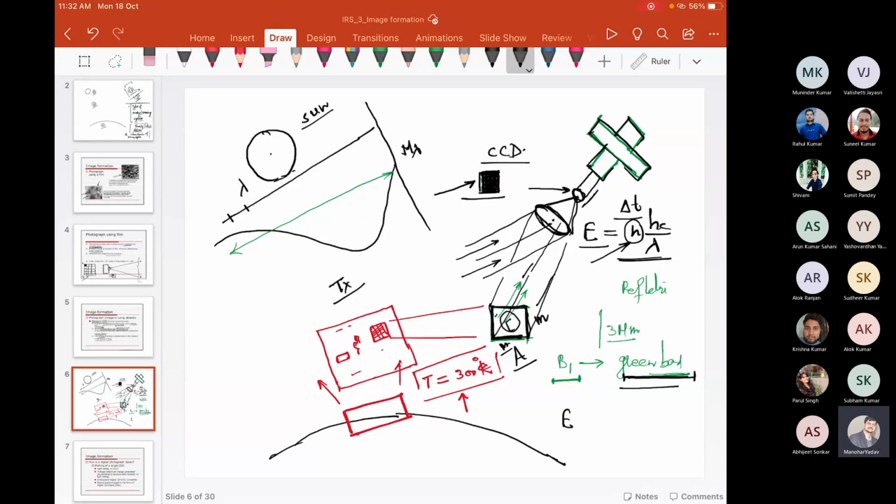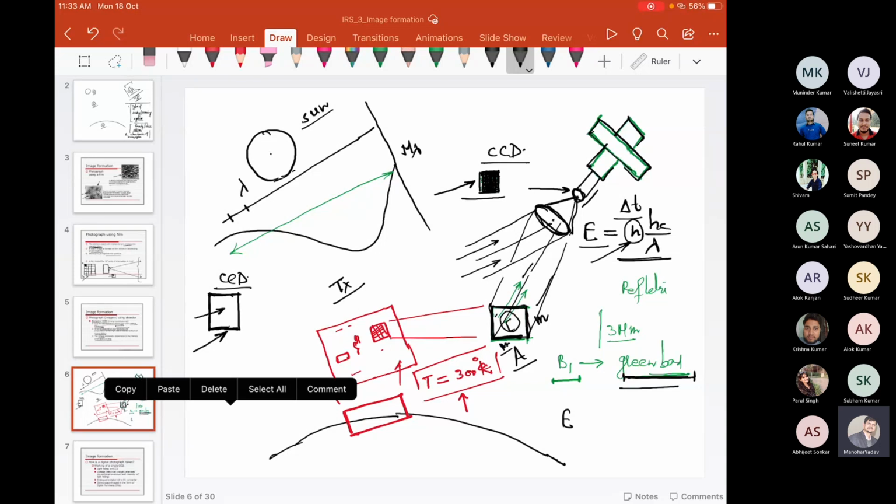What happens over here? The same CCD I am trying to show. The CCD is a photo device, and when the light falls, the equivalent electrons are generated.